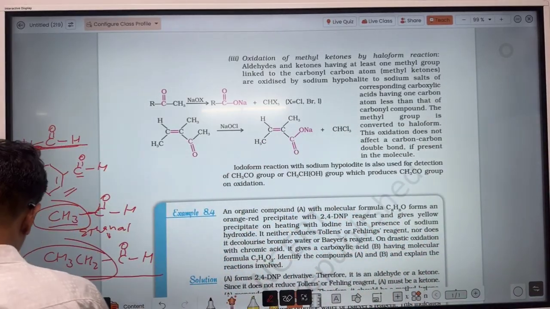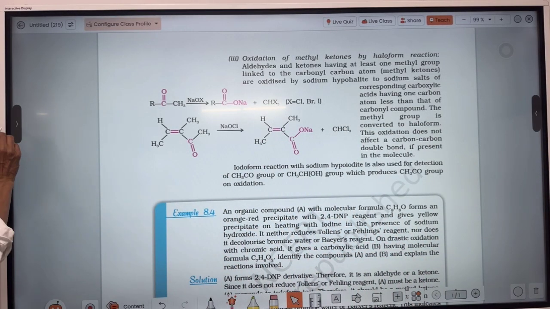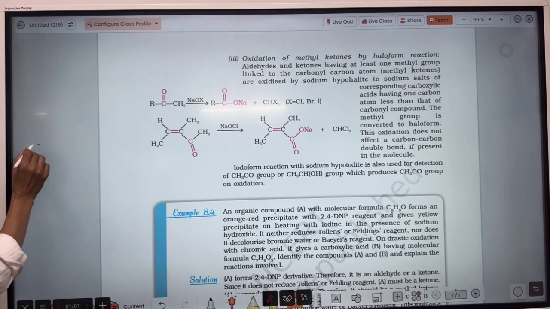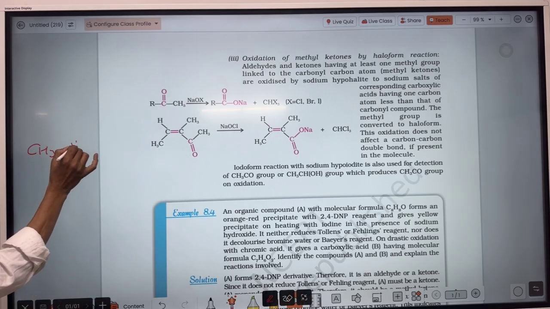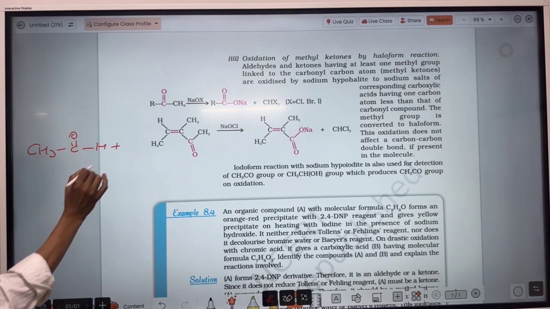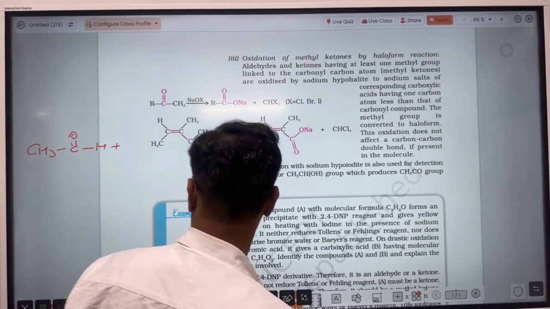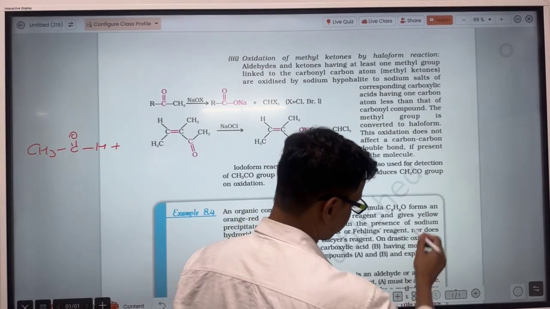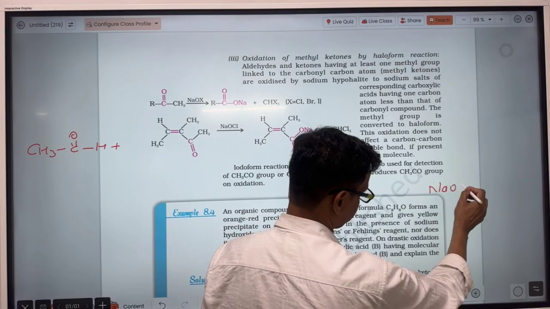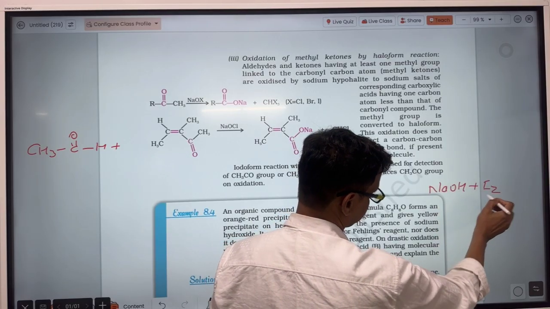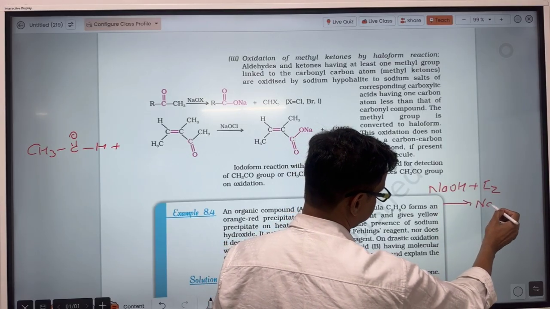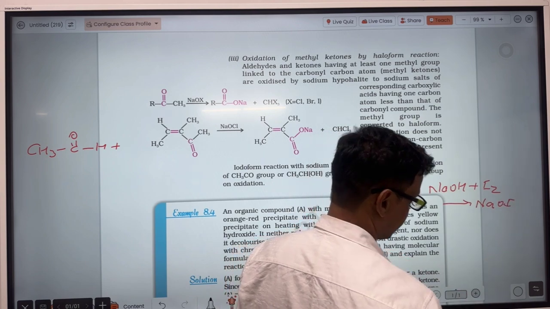Okay, so let's see what happens in the haloform test. Suppose you have taken this compound. In the same way, other reactions will be there, so you do them by yourself. How is sodium hypoiodite formed? In the haloform test, when NaOH reacts with iodine, there will be formation of NaOI.